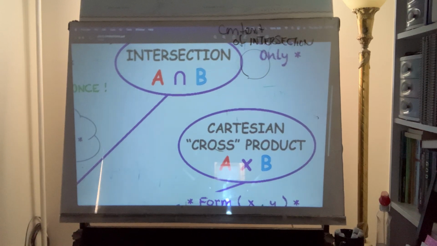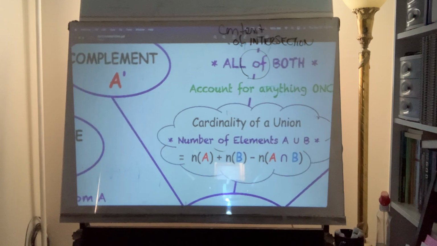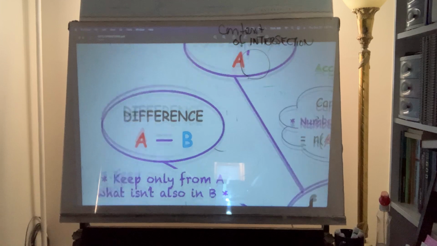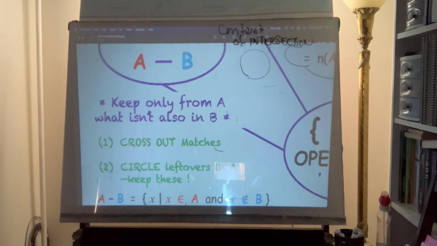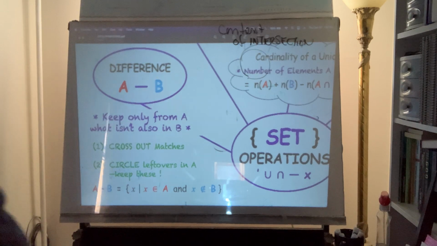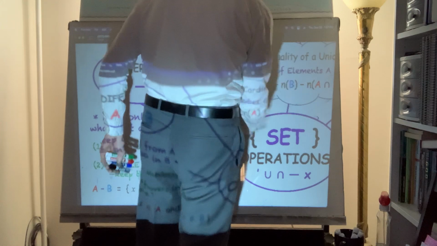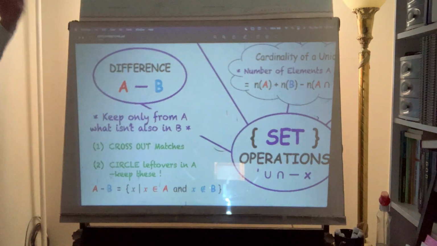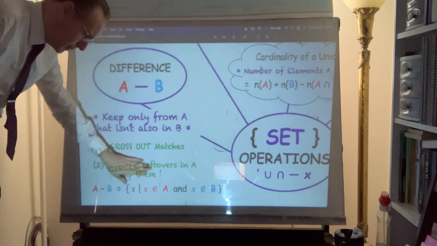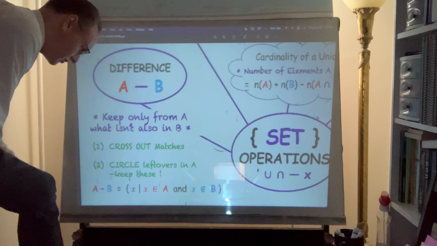Now, let me go over here to, there's that cardinality of union formula again, if you'd like. Difference. I'm going to back this off a little bit. When you're talking about a difference between sets, here again at the very bottom of the page is the very fancy set builder notation.